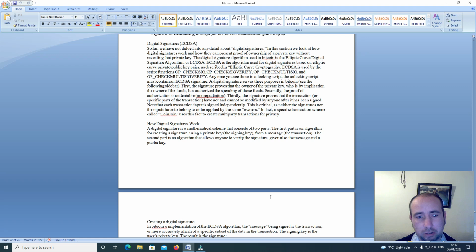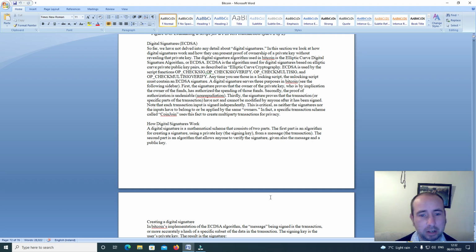ECDSA is used by the script functions OP_CHECKSIG, OP_CHECKSIGVERIFY, OP_CHECKMULTISIG, and OP_CHECKMULTISIGVERIFY. Anytime you see those in a locking script, the unlocking script must contain an ECDSA signature. A digital signature serves three purposes in Bitcoin.